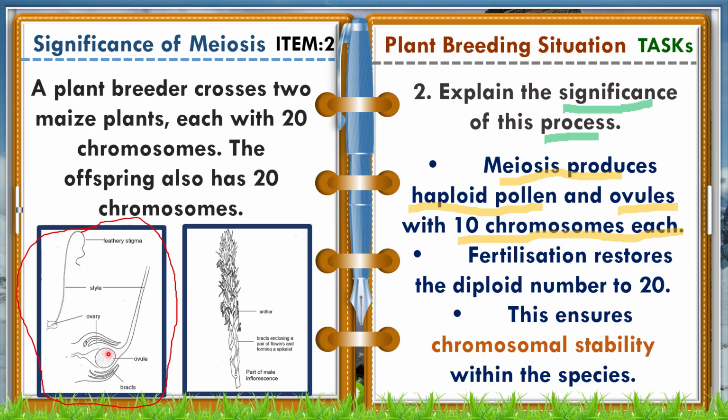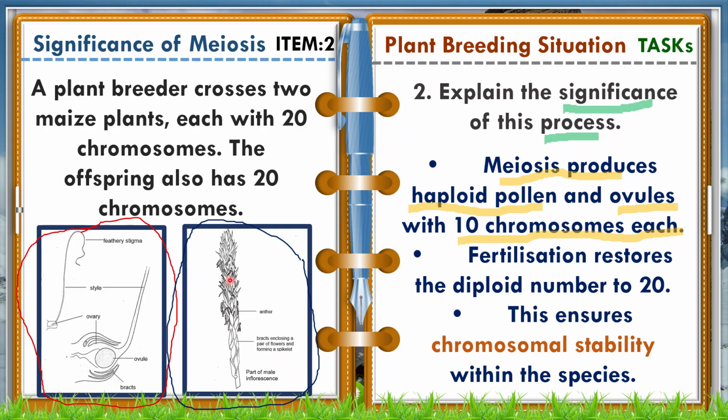Our ovules here, which are going to be made, since the original parent has 20 chromosomes, the ovule, which has the female gamete, will be reduced to half. It will have 10 chromosomes. And here we have our male part of the maize with the anther heads.